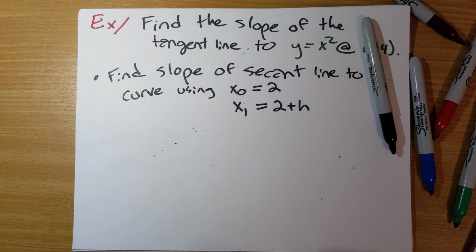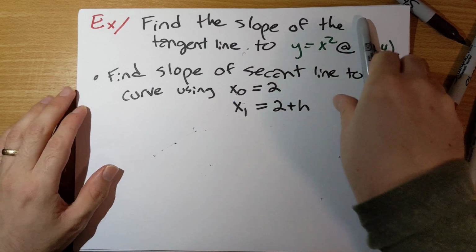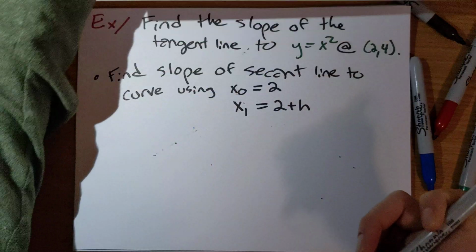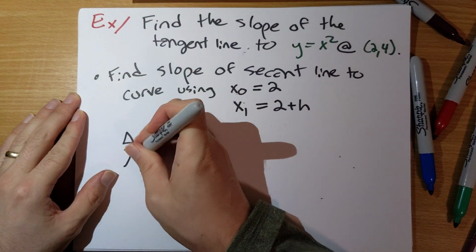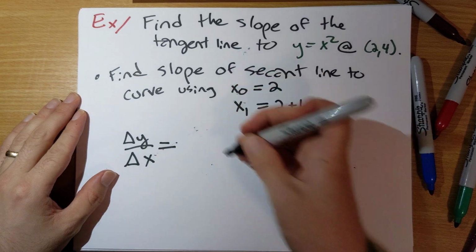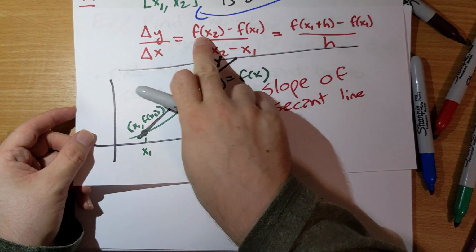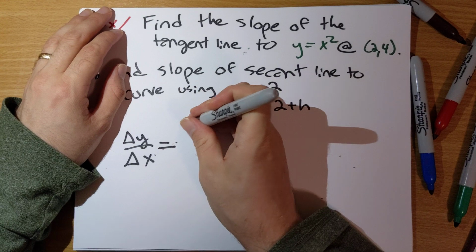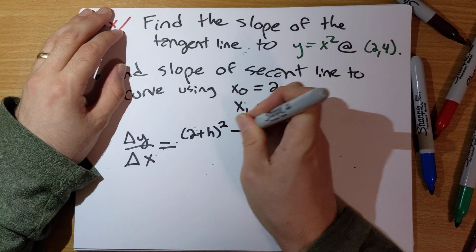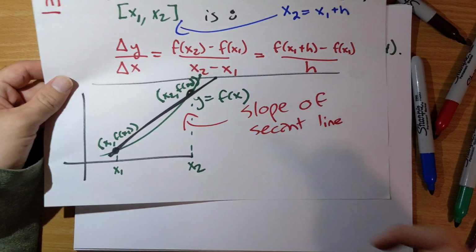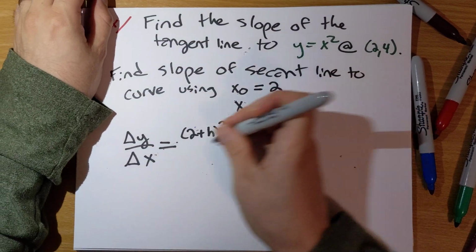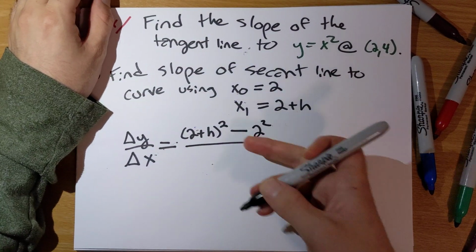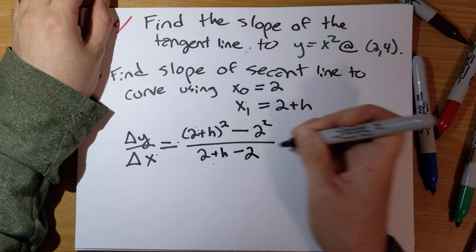Where h is something that is going to be a little bit bigger than 0, so 2 plus h is a little bit bigger than 2. Using our formula, delta y over delta x, change in y over change in x, it's going to be f of x1, that's (2 plus h) quantity squared, minus f of x0, 2 squared, divided by 2 plus h minus 2.